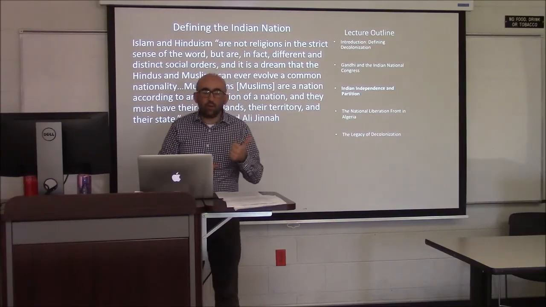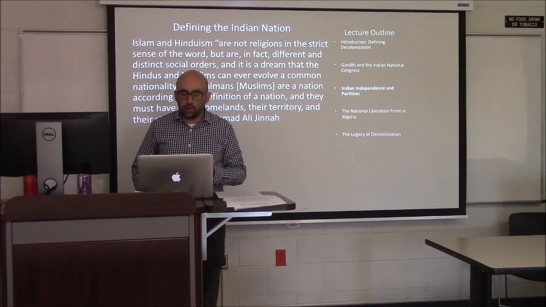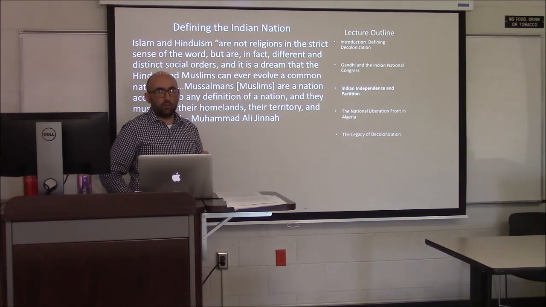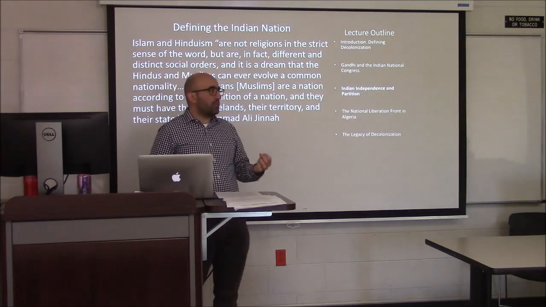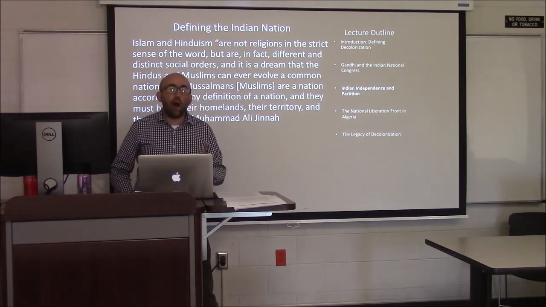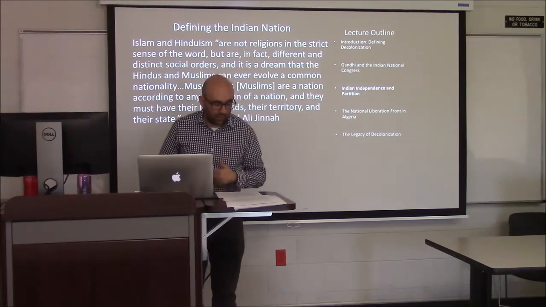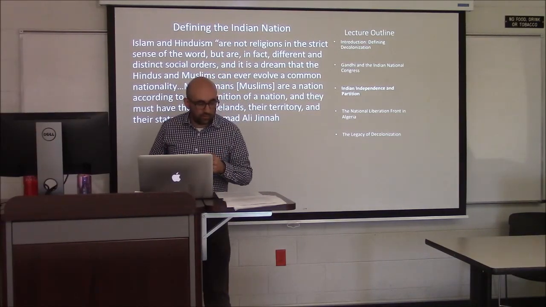Indeed, the British had already conceded to the Indian National Congress and to Gandhi that Indian self-rule was inevitable by the end of World War II. The only question was, how would it be achieved? How would we transition from the imperial relationship to an independent relationship?